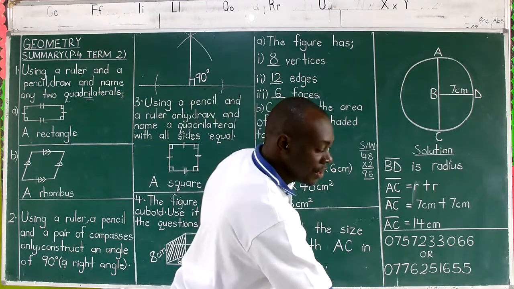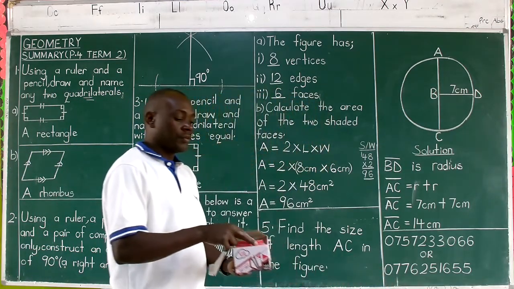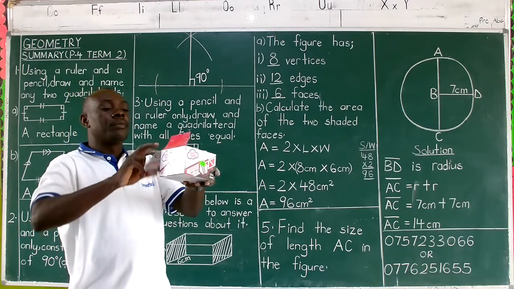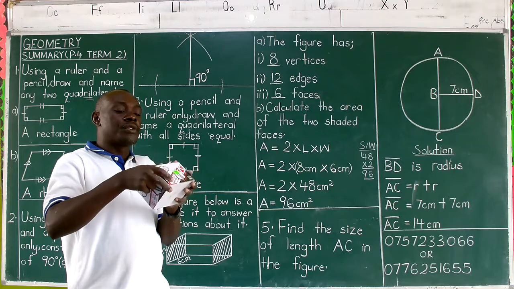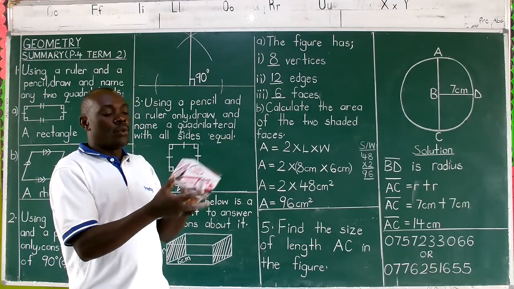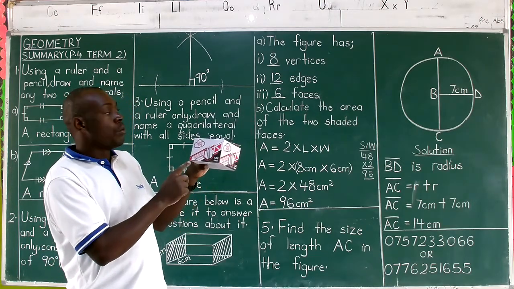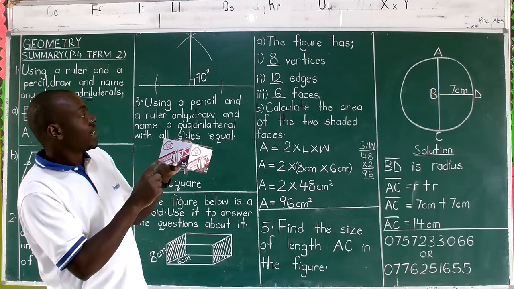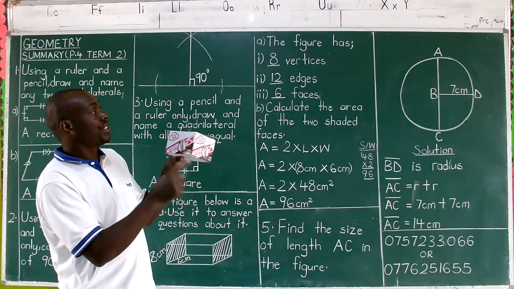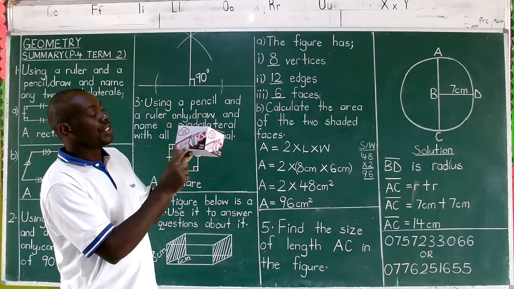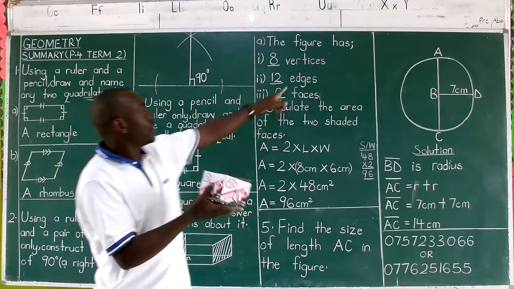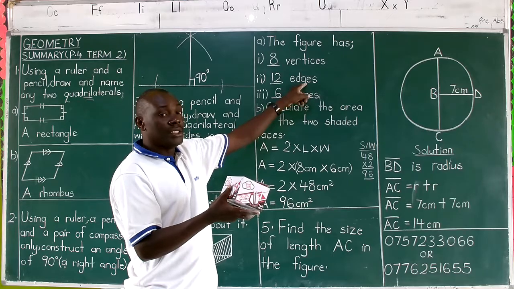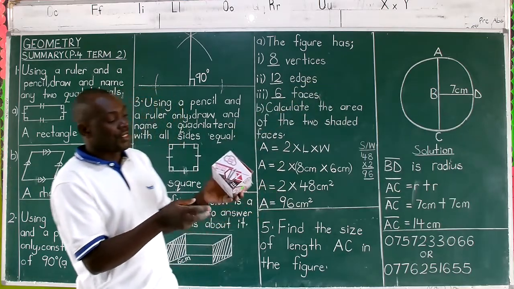A cuboid is in the form of this box, the box of chalk. So this is what is called an edge. This word, E-D-G-E-S, edges.